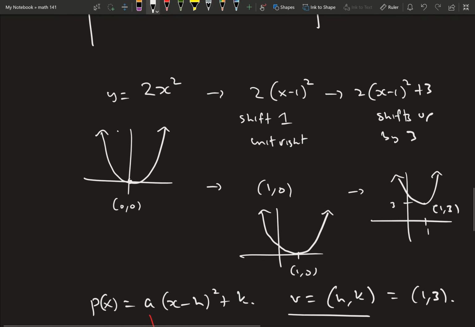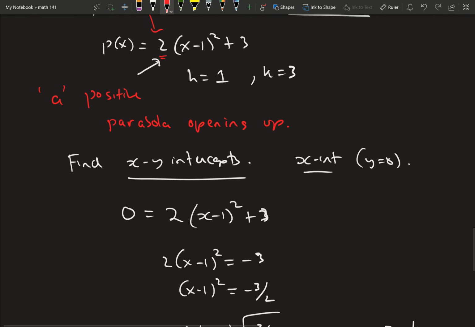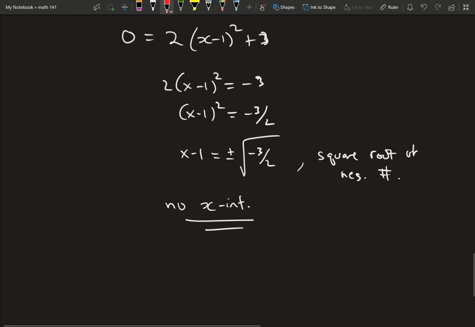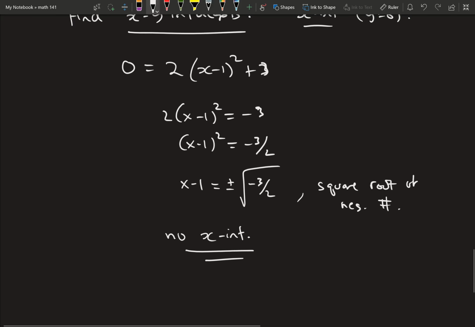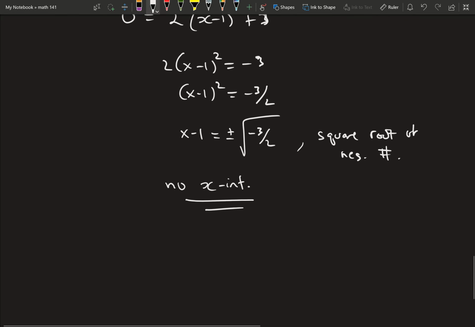Notice in the final graph right here, this graph never crosses the x-axis. You could see that geometrically, but algebraically, we can see that if we had to solve, we would get the square root of a negative number. So hence there are no x-intercepts.